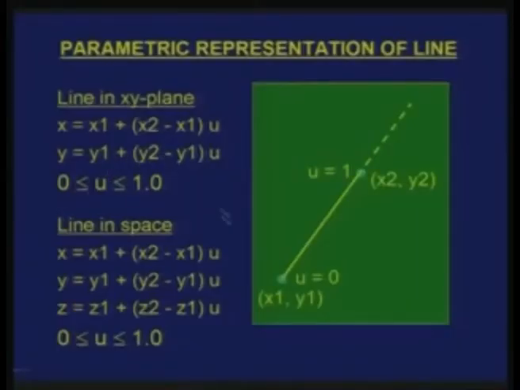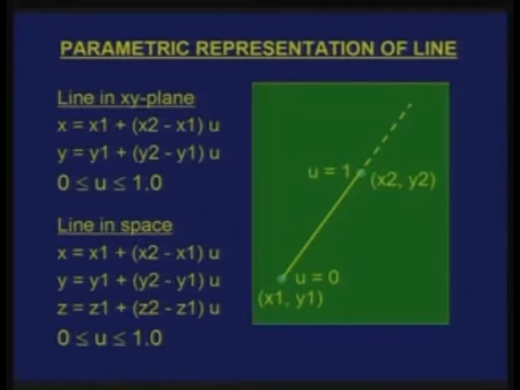Now, one way to define a parametric representation of a line is to take a start point and an end point. So, there is a straight line which is joining these 2 points. You are not referring to a line which extends infinitely in both directions, just like we define in explicit form.